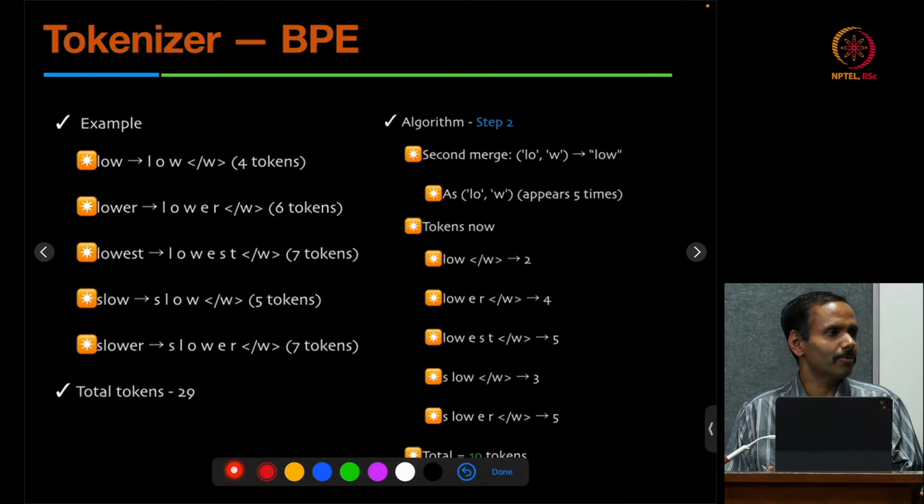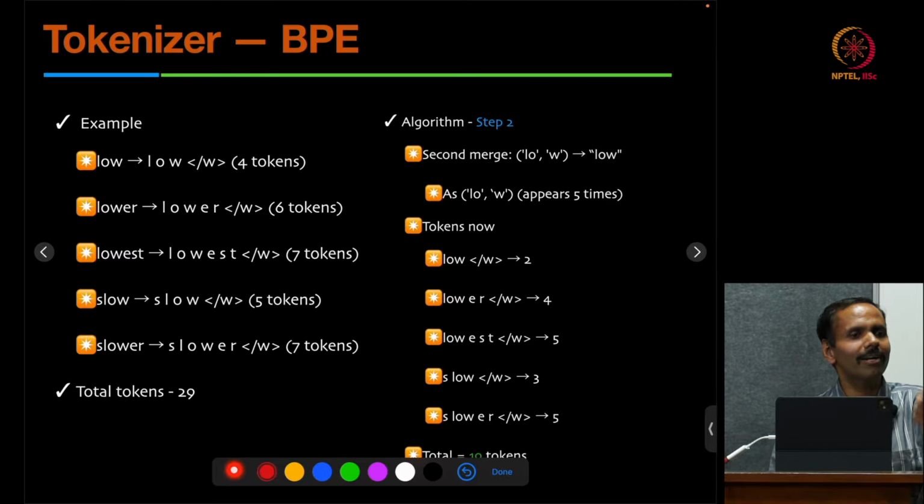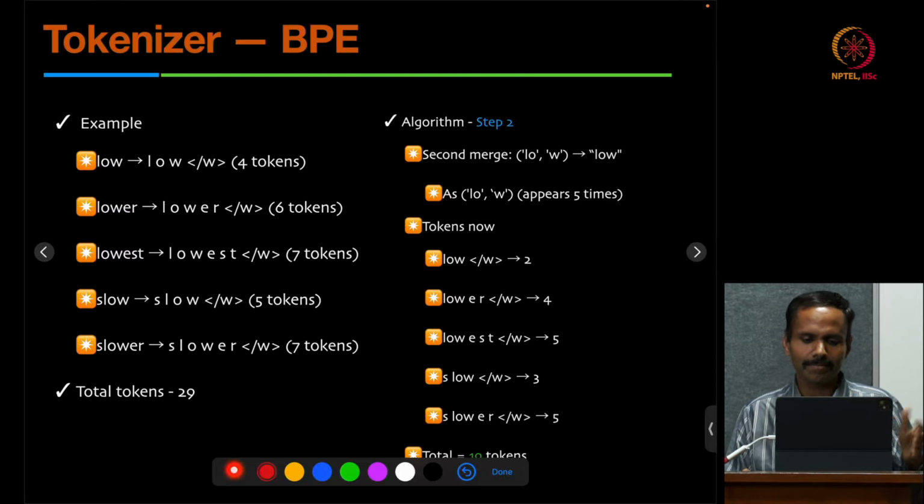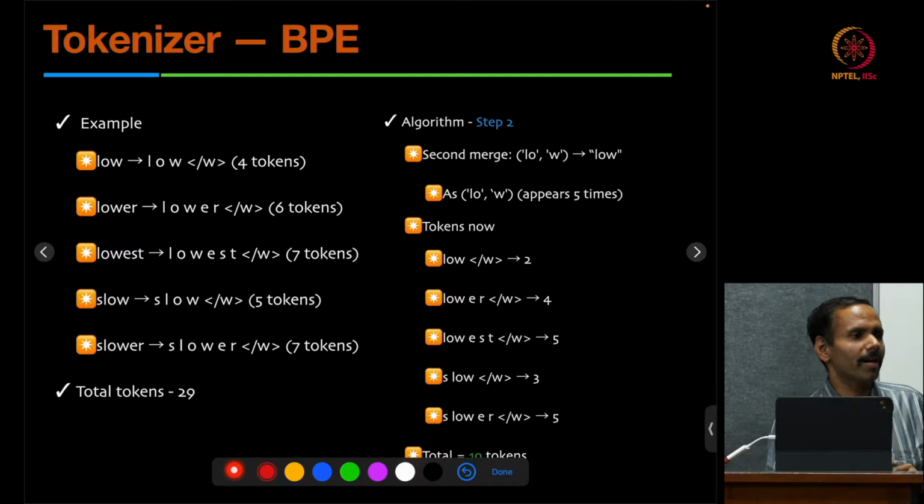Of course, if we can do it once, then certainly we can do it more than once. Now LO became a token, now you can start pairing that token with anything else and repeating the process. Maybe LO and W is the next highest occurring pair, right? So you pick that pair, assign that as a token, and now the overall token length reduces, right?